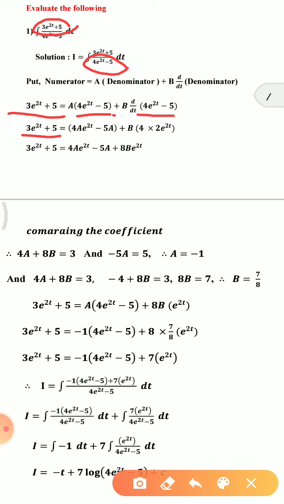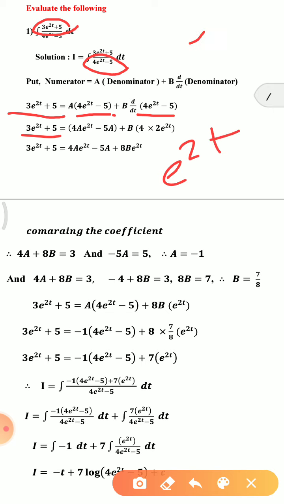The numerator stays as it is, 3 e^(2t) + 5, and A multiplies the bracket, giving 4A e^(2t) - 5A, plus B into 4 times the derivative of e^(2t).